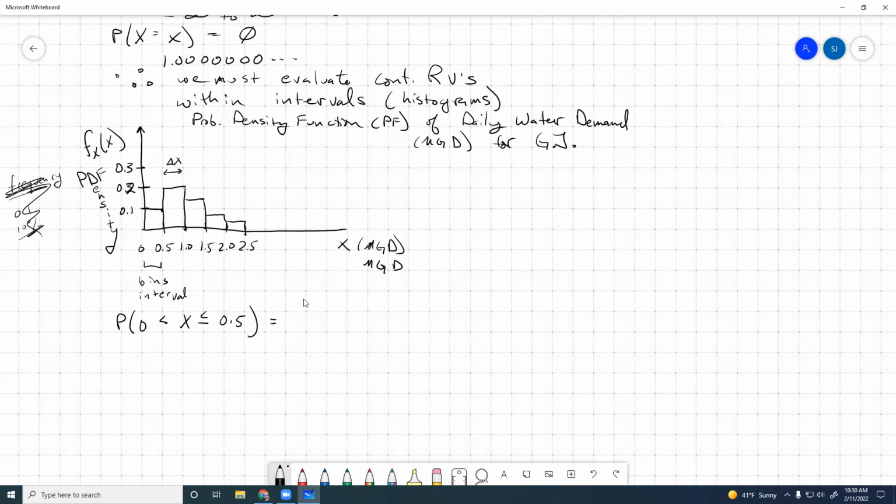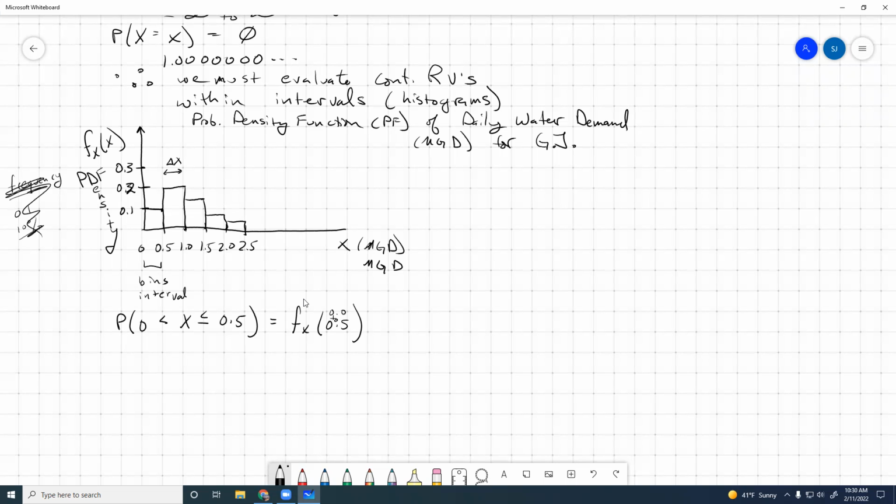So to do this, we take the probability density, little f of x, evaluated at 0.5, or for that bin, 0 to 0.5.